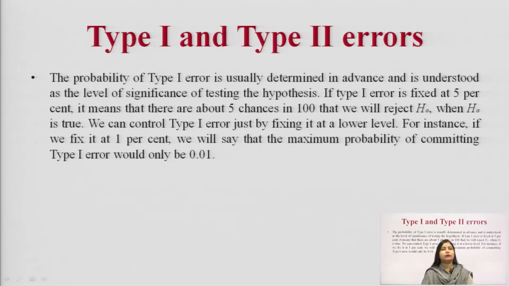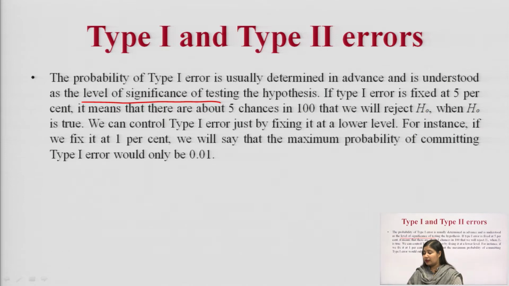In type 1 and type 2 error, the probability of the type 1 error is usually determined in advance, and it is understood as the level of significance. The level of significance shows how much error we can accept, means what is the probability of choosing the wrong hypothesis.